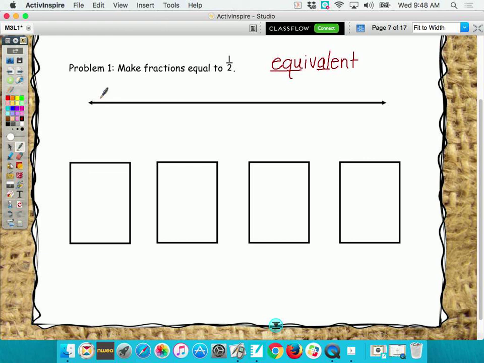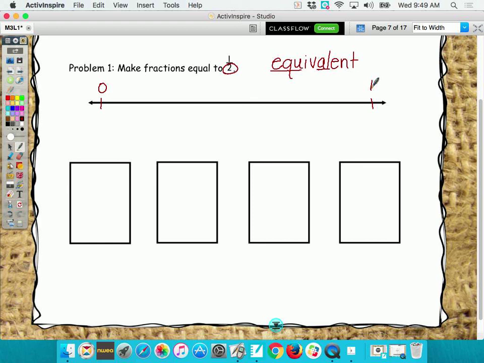So you're going to have to look up here, first of all. To make fractions equivalent to 1/2, I have to look at the 2, because the 2 tells me how many equal spaces I need on my number line. Now watch me, okay? The first thing you always do is mark your end points. 0 and 1.